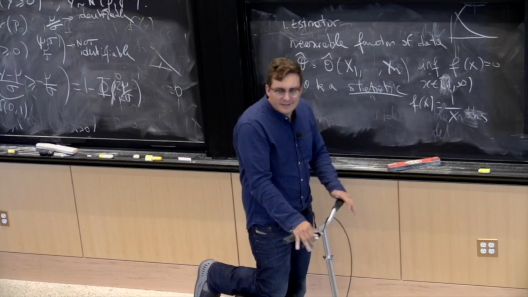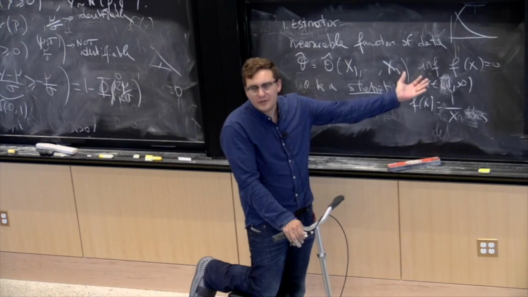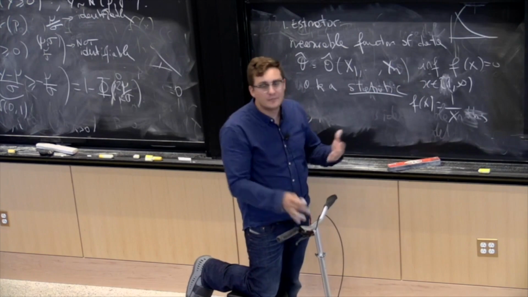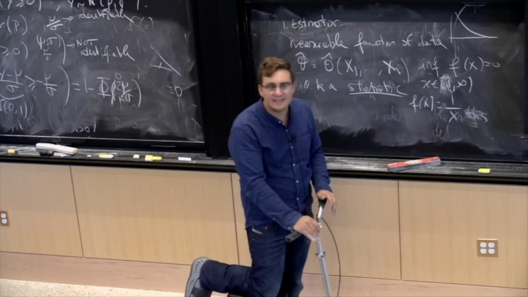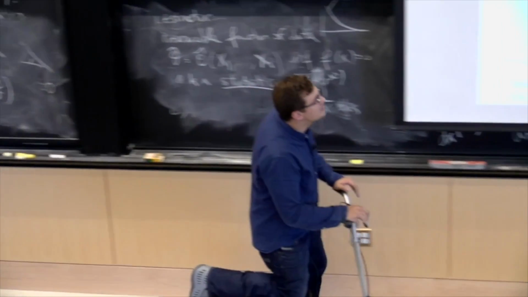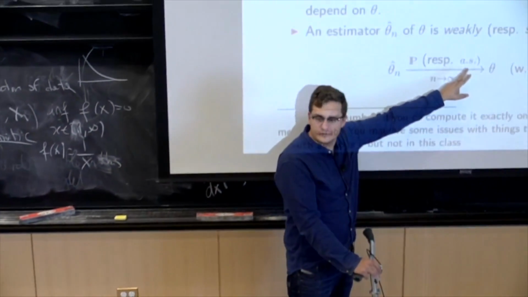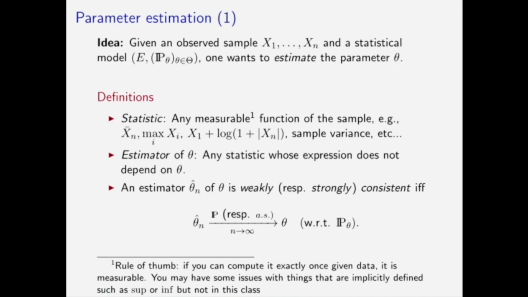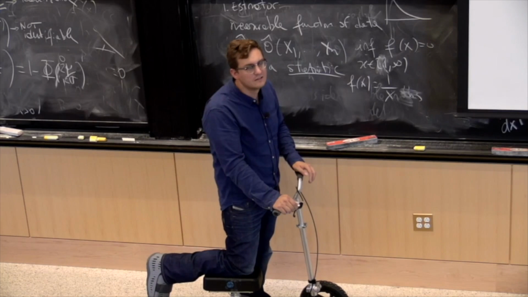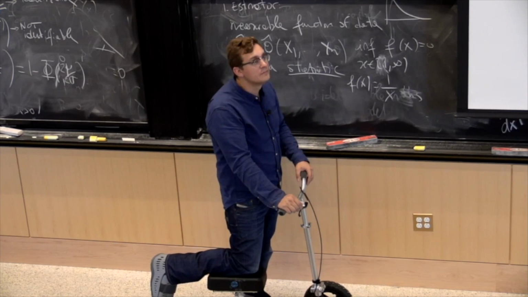We know also that this is a random variable, and there might be different notions of convergence that kick in. We say that it's weakly convergent if it converges in probability, and strongly convergent if it converges almost surely. This is just vocabulary. It won't make a big difference. So we will typically just say it's consistent, whichever of the two.